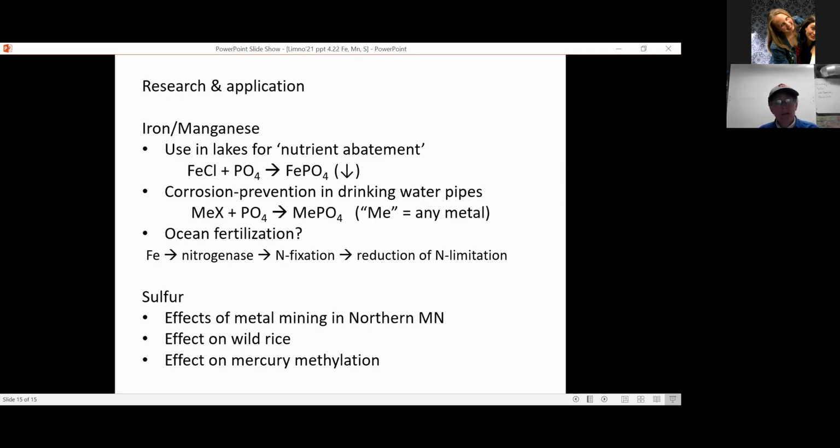Anyways, ocean fertilization has been proposed as a way to reduce the greenhouse effect, right? So far, open oceans are limited by iron. The reason they're iron limited is because they're actually nitrogen limited, whatever. If those algae had a little more iron, they could fix nitrogen from the atmosphere, then they wouldn't be nitrogen limited, and then you'd get an algal bloom.